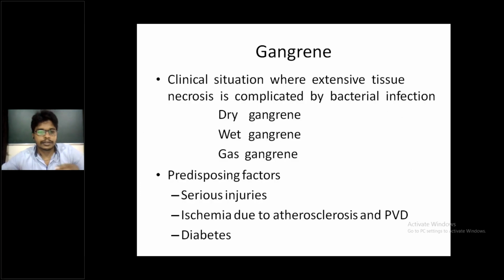Gangrene. Until this we have covered in the last class. Now we come to gangrene. We have already come across the causes of gas gangrene in microbiology. What is the organism involved in gas gangrene?